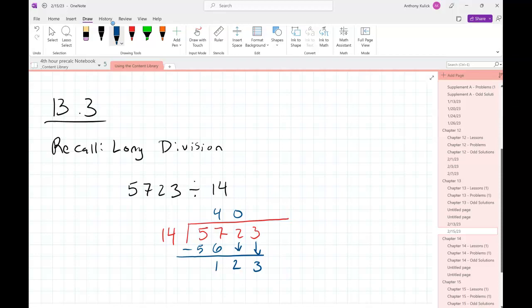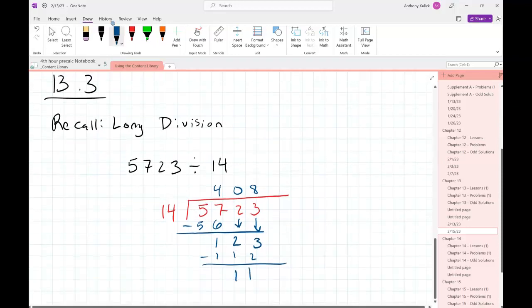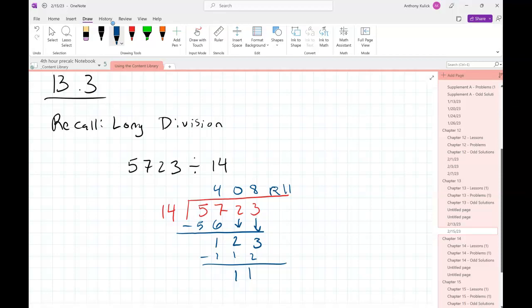I think it's 8. I don't think it's 9 because 9 times 4 is 36, and 90 plus 36 is 126, so it's too big. It's 8. So that's 80 plus 32, so 112. Everybody's okay with that?